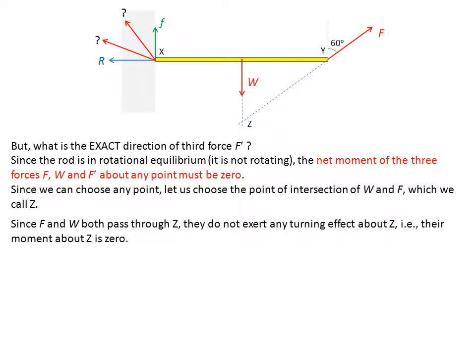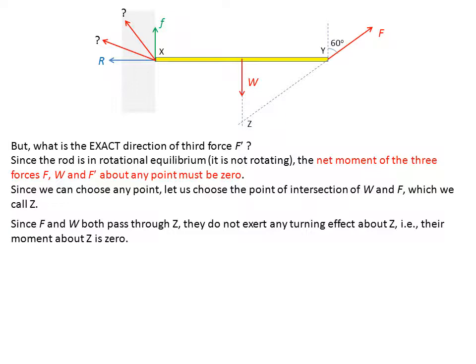One thing we notice is that F and W both pass through this point Z. Therefore, if we calculate the moments of these two forces about point Z, you will get 0, right? Because W passes through Z, so the turning effect is 0. F also passes through Z, so again the turning effect is 0.